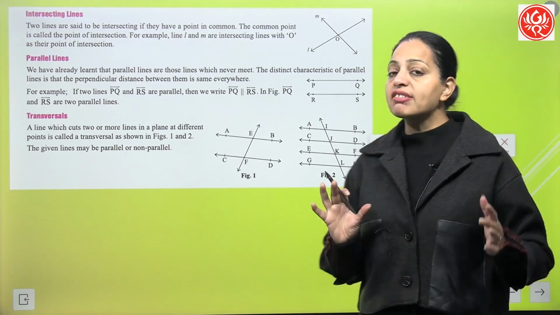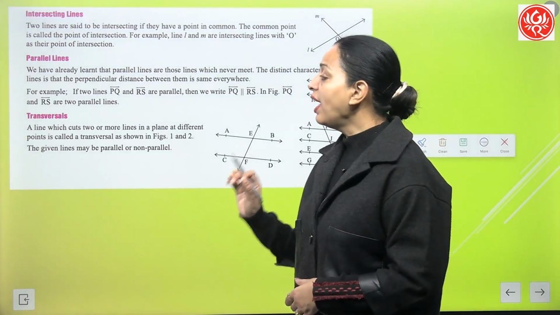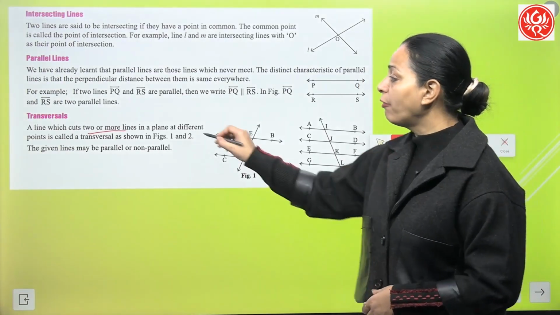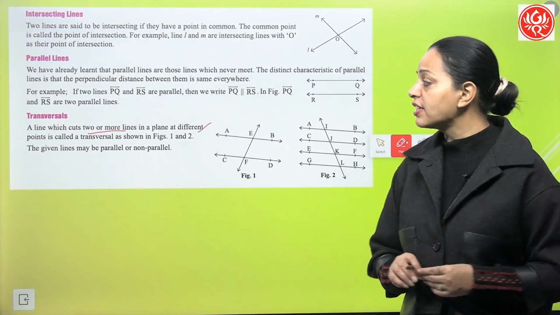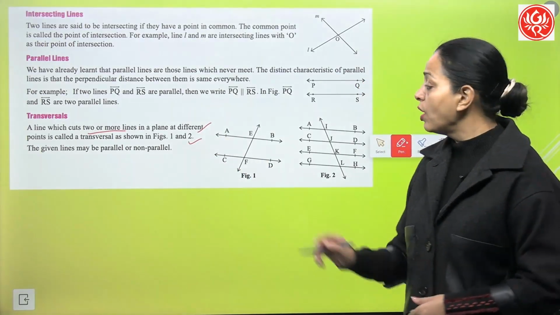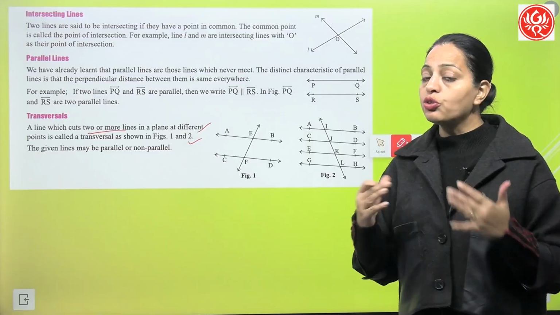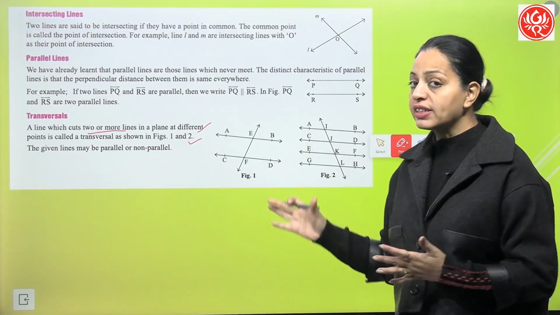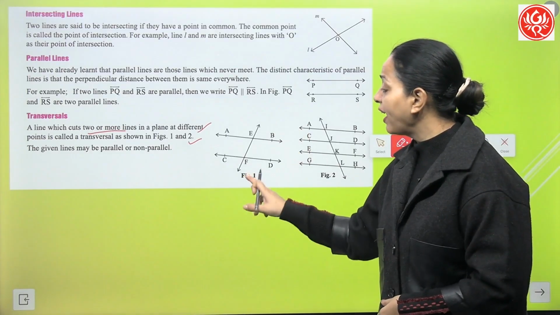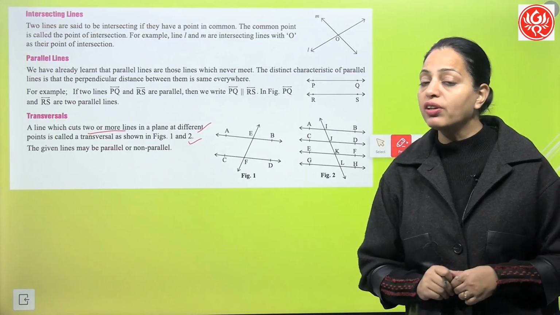Now the next is transversals. A line which cuts two or more lines in a plane at different points is called a transversal as shown in figures 1 and 2. अगर एक लाइन कोई two या more than two lines को cut करती है, whether those are parallel or non-parallel, then that line is said to be the transversal.